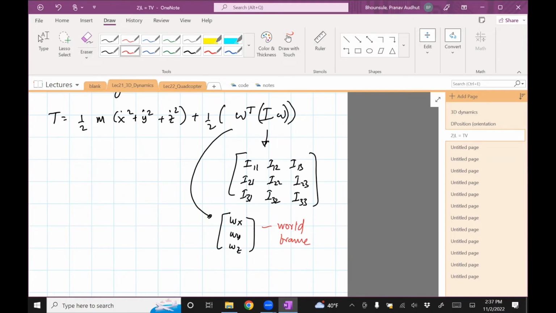Now the problem is this. If you use this kind of description, you're going to run into issues with this part. This part is the inertia about the world frame.